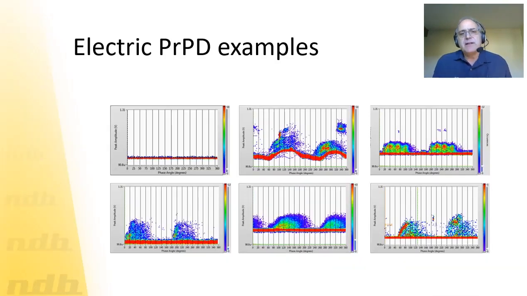This is an example, multiple examples of PRPD, of the electric channel PRPDs. So you see the one on the top left, this one here. This one is totally flat, so there is no activity over a cycle at all. So it's always flat.